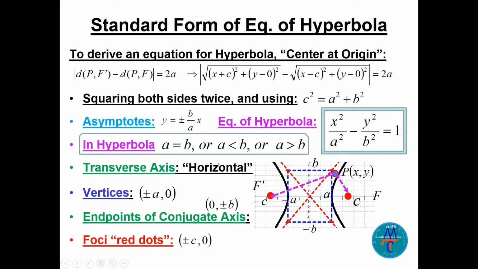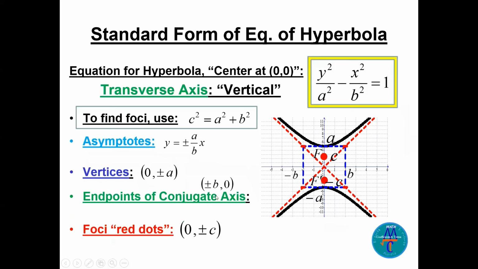I explained the transverse axis. This is horizontal. Vertices, conjugate. The conjugate axis is this one here, from b to minus b. This is the conjugate axis. This is the other hyperbola where we have y squared over a squared. That's vertical. See, the transverse axis is vertical.